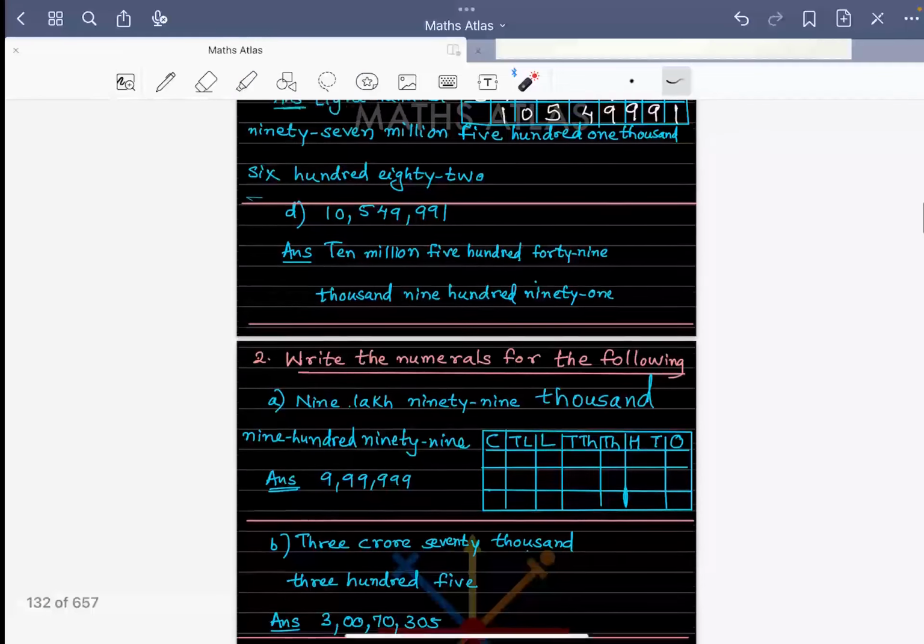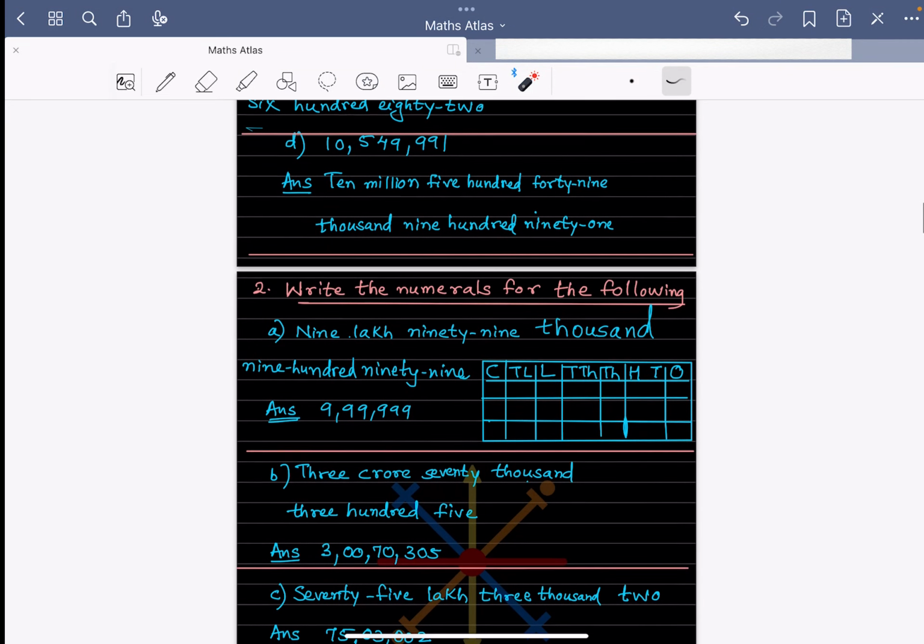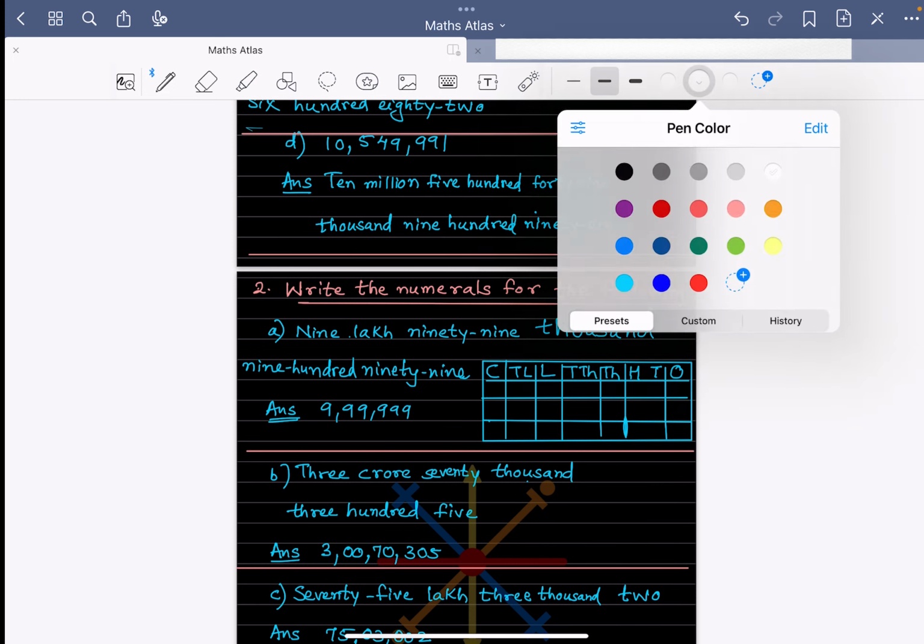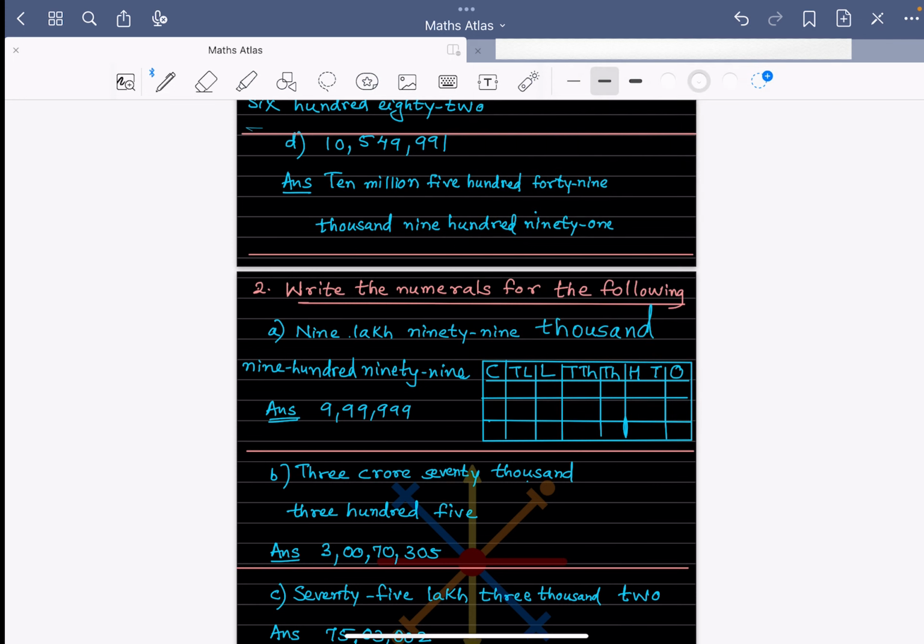Now let us see the numerals. This was something about the words. Now for the numerals again, what are we going to do? It says 9 lakhs, which means this is going to be in the Indian system. Lakhs comes in the Indian system. So when I say 9 lakhs, where am I going to write that 9? I'm going to write it over here. 99,000, because both are thousands place.